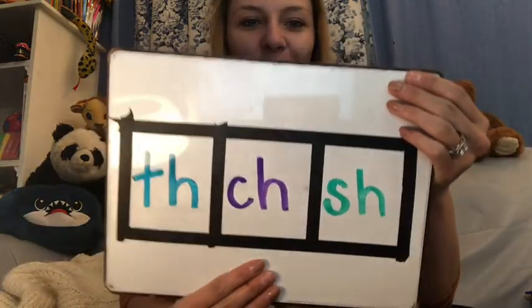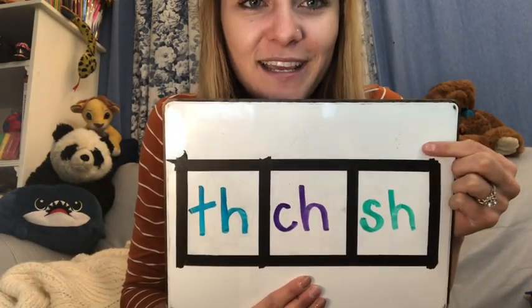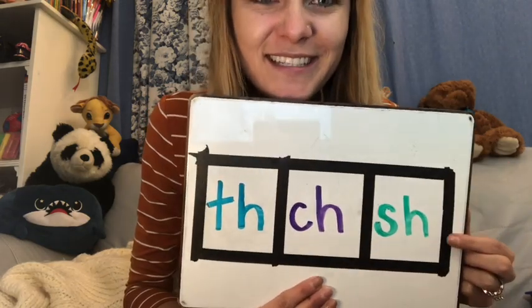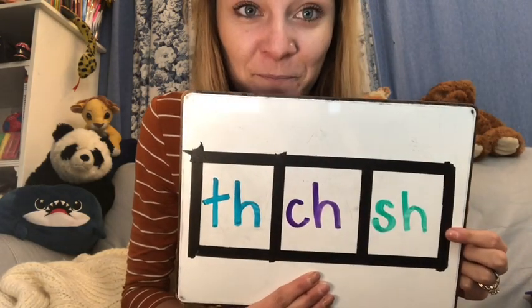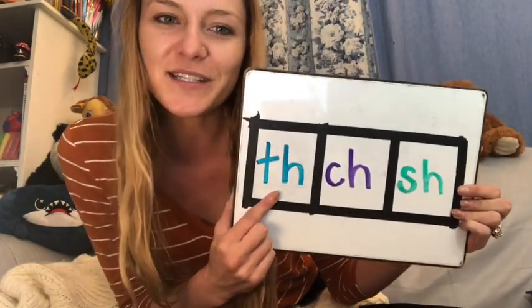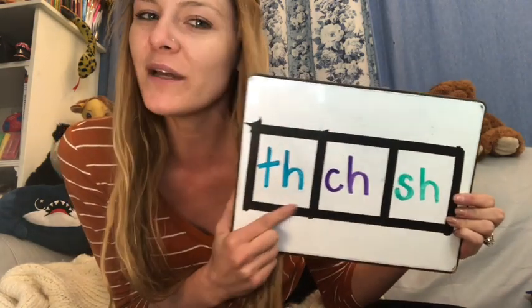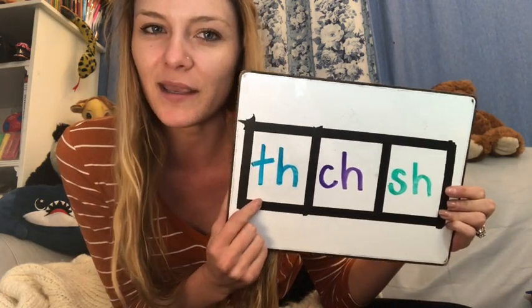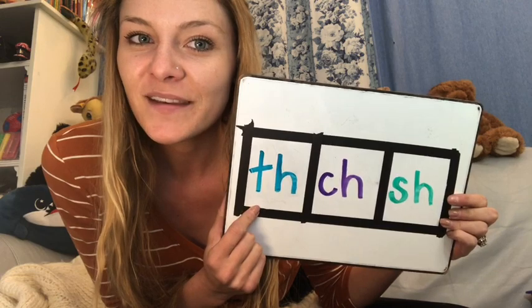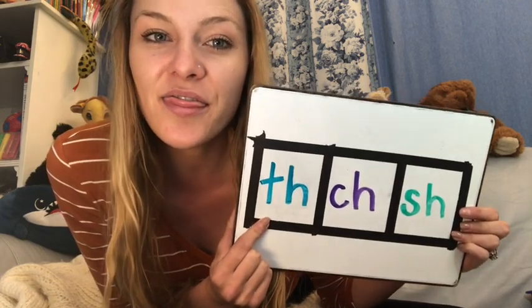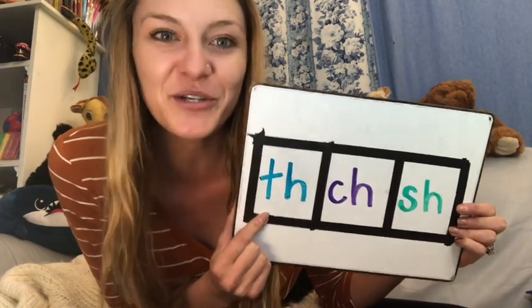Now, the 3 digraphs that are the most common that we see in a lot of words are these 3. So we're going to focus on these today and writing words that have these digraphs in them. Okay? So the first one, as a reminder, is TH. And what sound does TH make? If you said th, you're right.